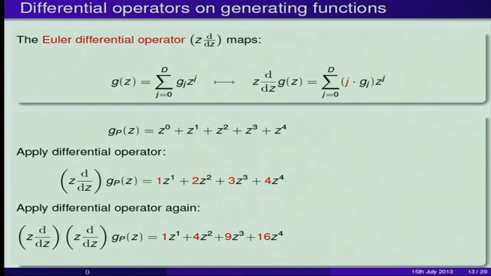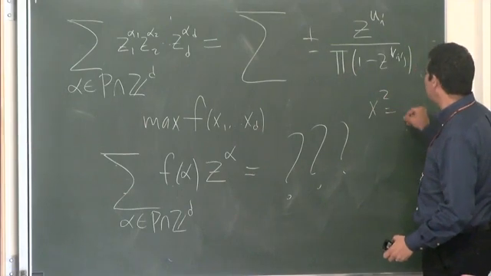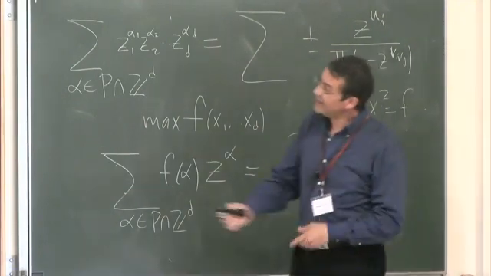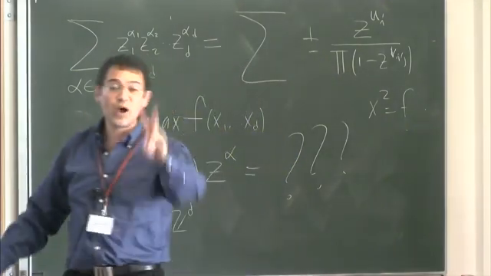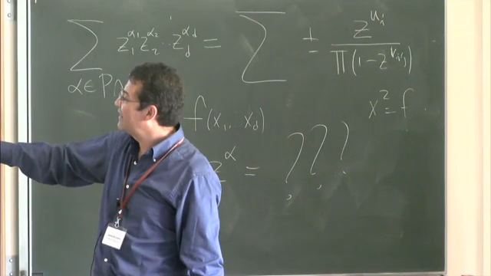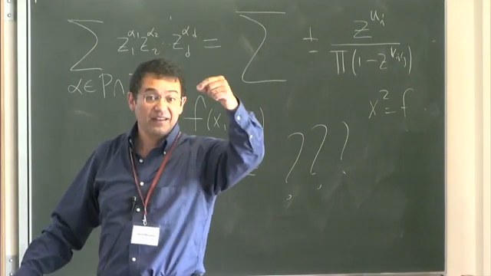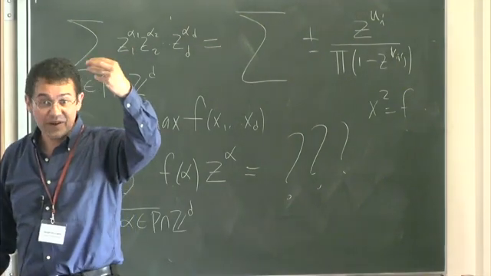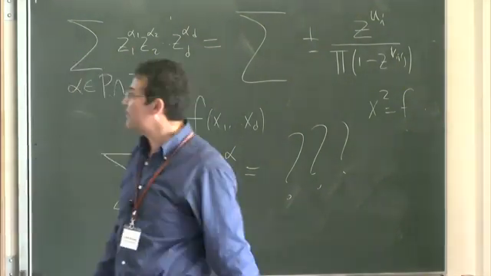So you want to evaluate the square. So x squared, that's your function f. Well, I'll apply the derivative twice. And then you will get the square of the lattice point. So this is the evaluation of the lattice point at the square.